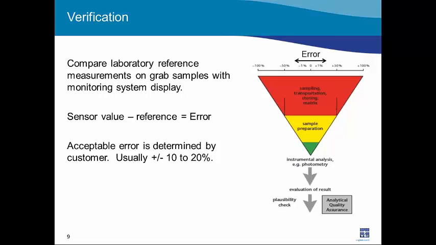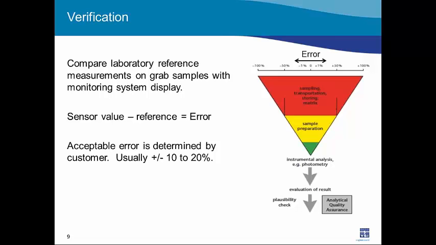Verification is the other topic we discussed, and from time to time we recommend comparing laboratory reference measurements on grab samples with the monitoring system display. The value from the sensor minus that laboratory reference value is referred to as the error.